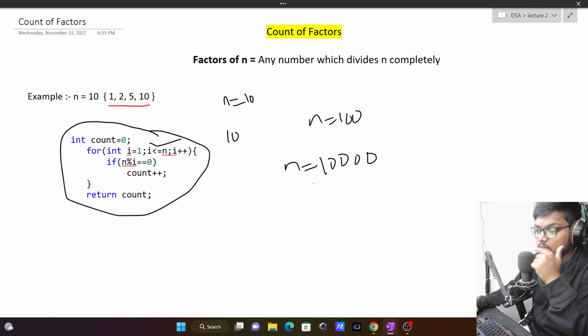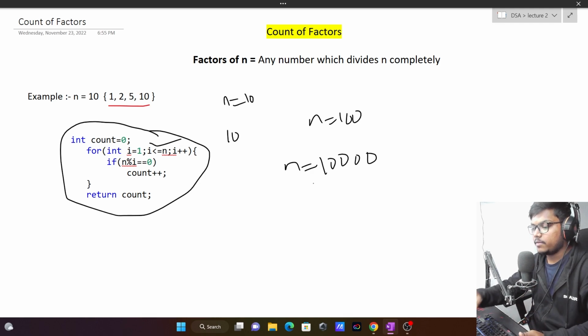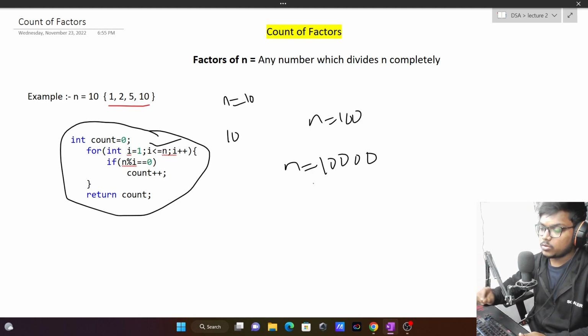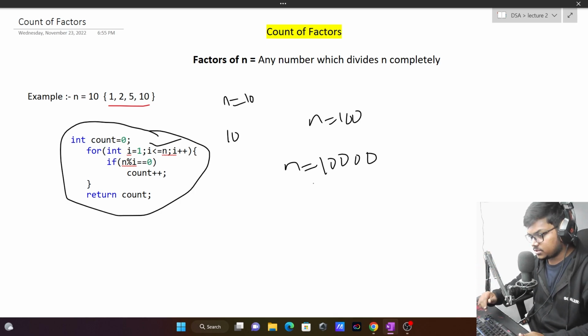Assume I started a company and many users are using this count of factors program multiple times. Every time they are doing 10,000 iterations. For example, n can be 10 to the power 8, or 10 to the power 6. They are doing 10 to the power 6 iterations if they take 10 to the power 6 as the input value, right? So is it a bearable cost for the company?